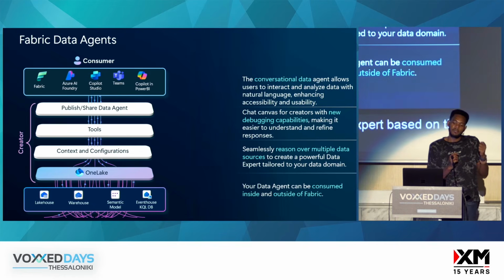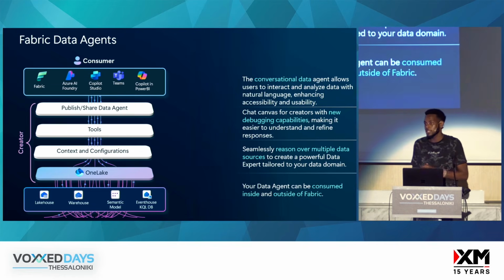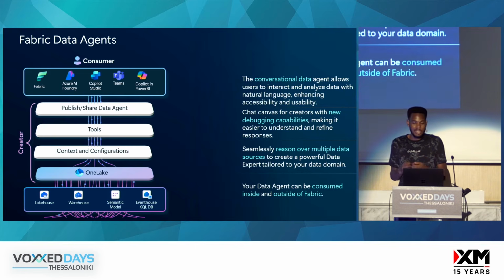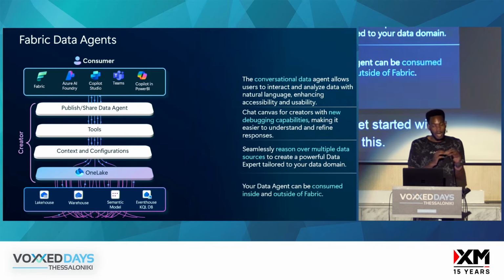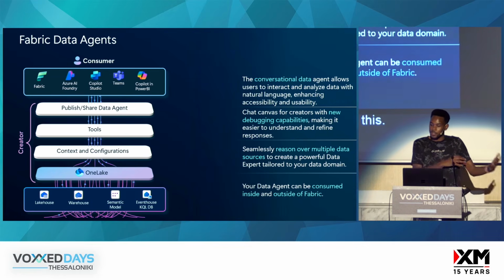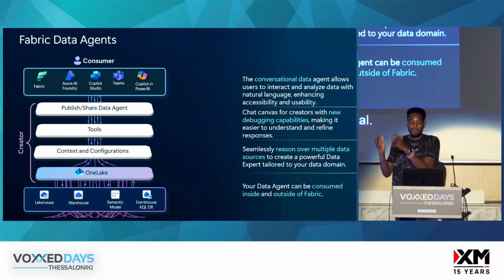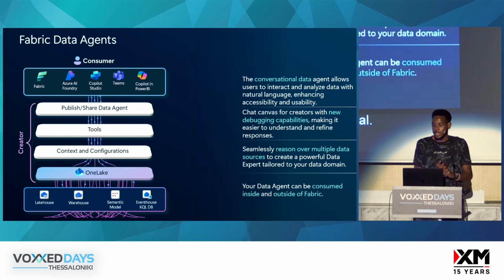And so we make it as easy as possible for developers to get started with building data agents directly from within Microsoft Fabric. A data agent is going to be your conversational agent that allows you to interact with all of the data that you have inside of Microsoft Fabric using natural language.